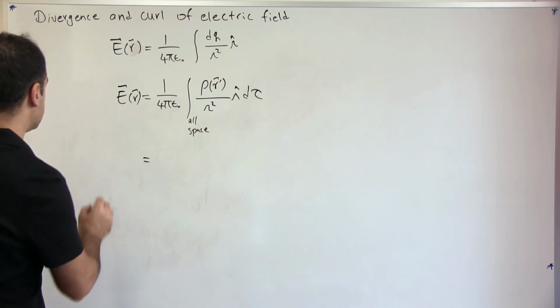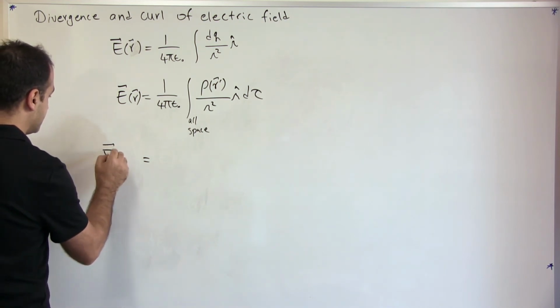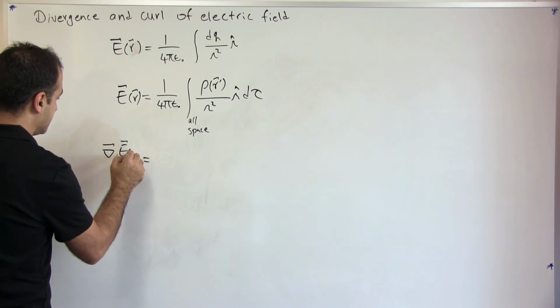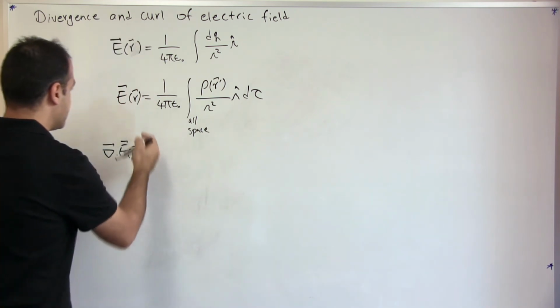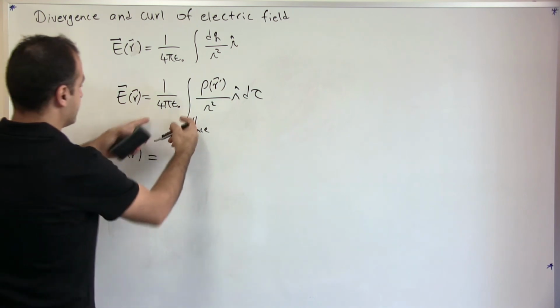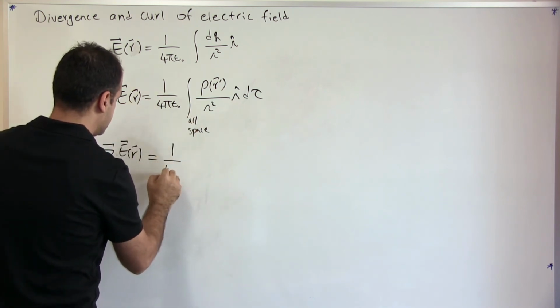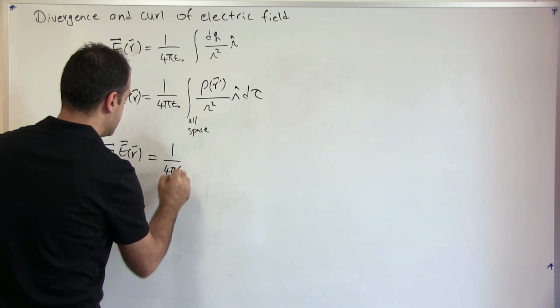Okay, now let's look at the divergence of E of r. So I'm taking divergence of this. We have a constant 1 over 4 pi epsilon 0.